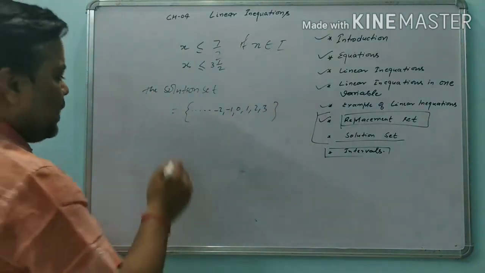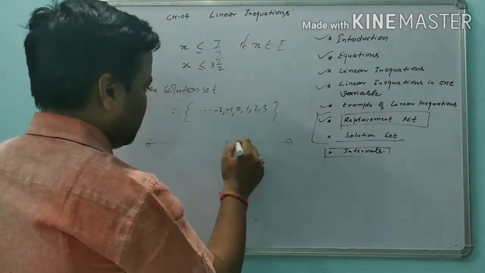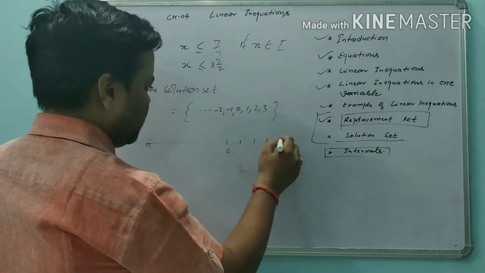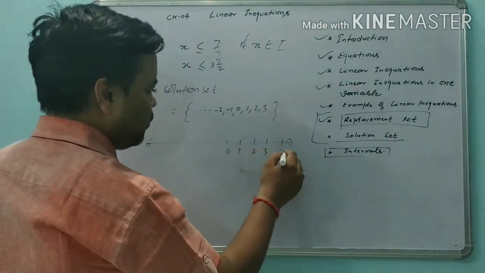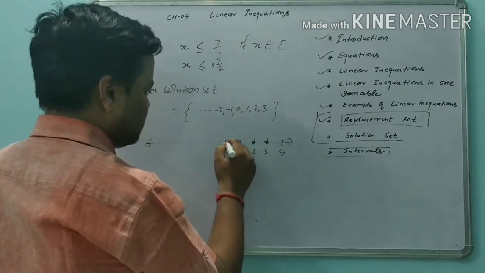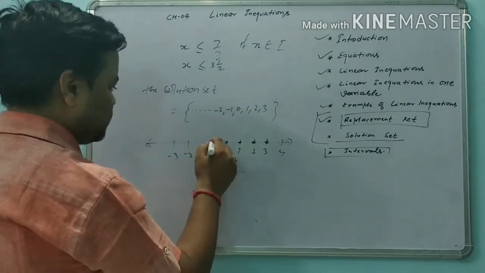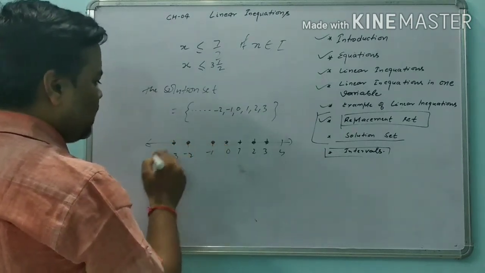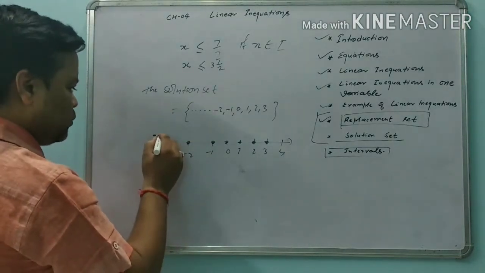Okay, and how to represent it on the number line? We just take here 0, here 1, here 2, here 3 and here 4, but 4 is not in our solution. 1, 2, 3, here this dot, -1, -2, -3, like this way make a dot here, and all the numbers which are less than -3, make 3 dots.